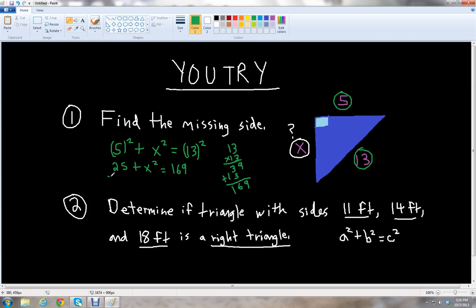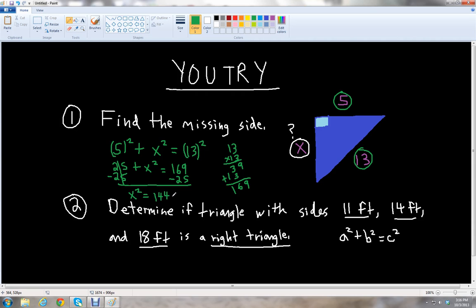And then we have to subtract the 25 from both sides because we're adding, so do the opposite: subtract. And so this will give us x squared equals 169 minus 25. So 9 minus 5 is 4. 6 minus 2 is 4. And then we bring down the 1, so that's 144.